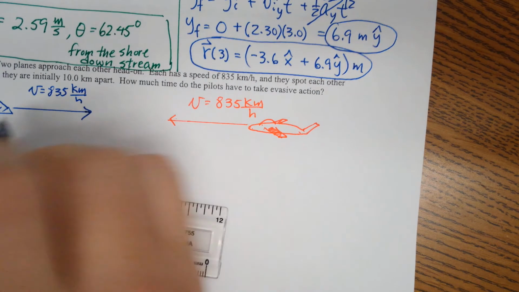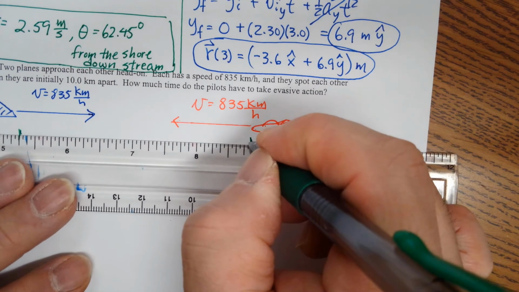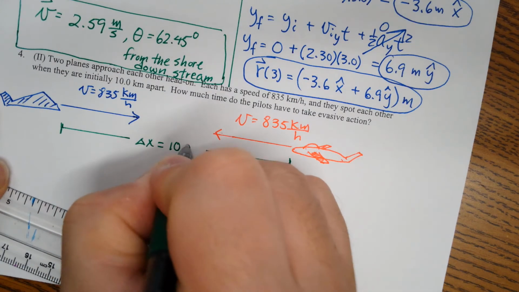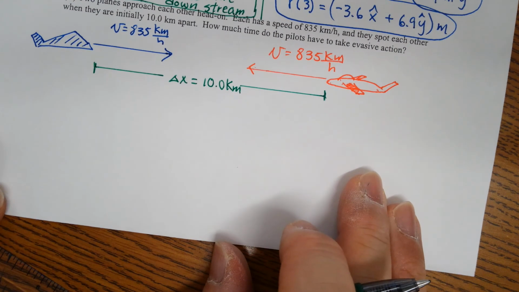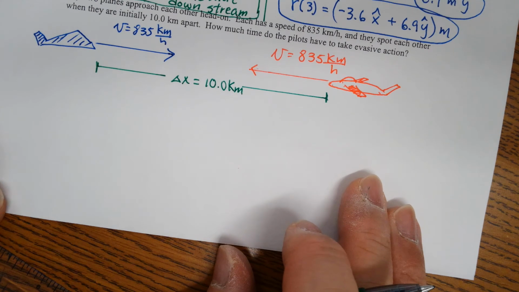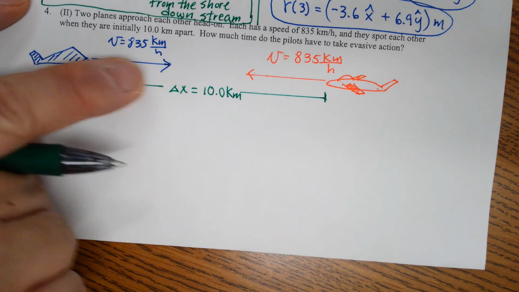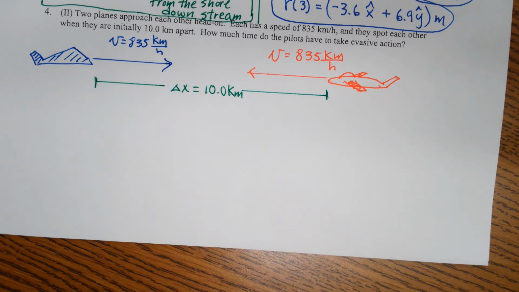The distance of separation between the two planes happens to be 10 kilometers. How many seconds do they have in order to avoid the head-on collision? So most likely one's going to bear right this way, and the other one's going to go that way. All right. So they're playing chicken.